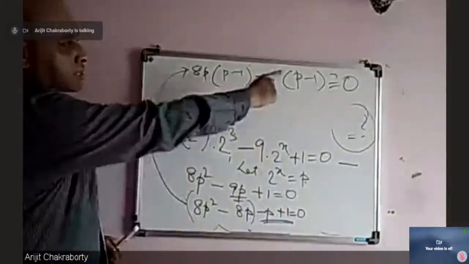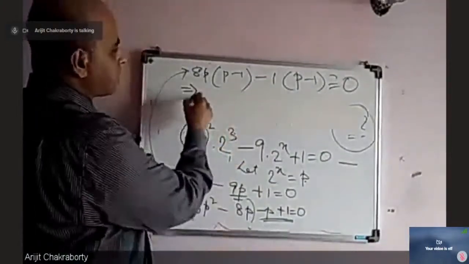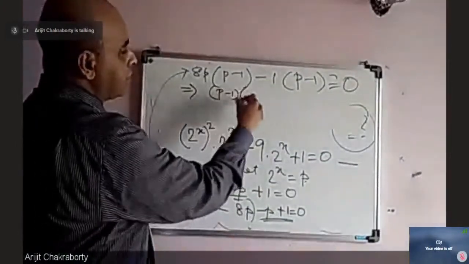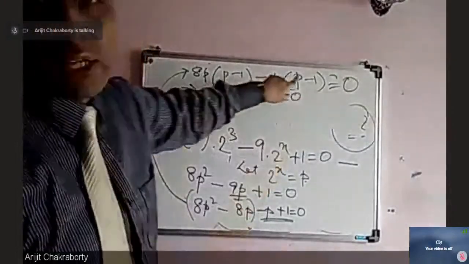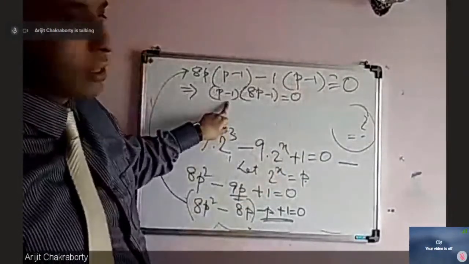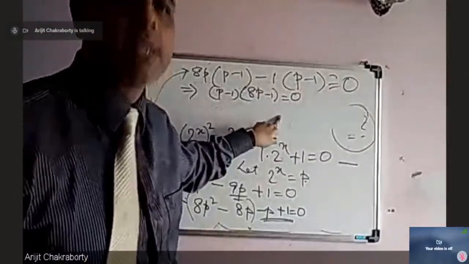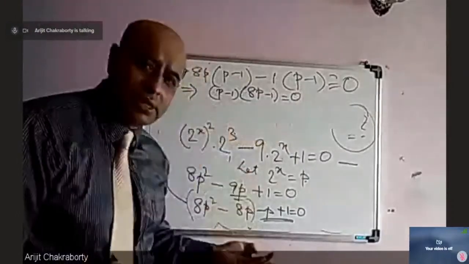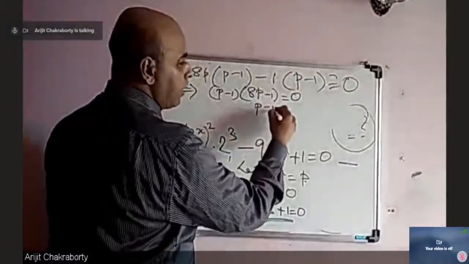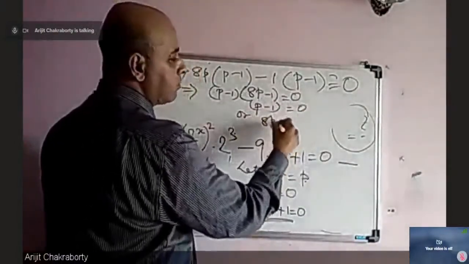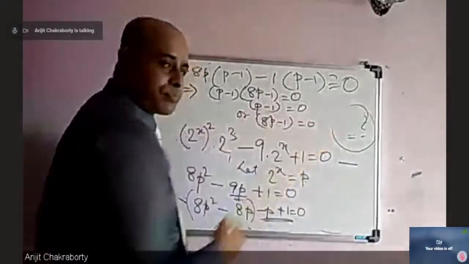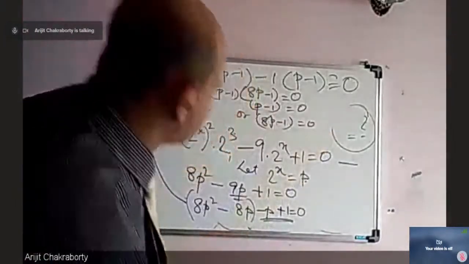So this is ultimately giving us p minus 1 into 8p minus 1 equal to 0. P minus 1 is common. So p minus 1 into 8p minus 1 is 0. Which means either p minus 1 is 0 or 8p minus 1 is 0. I hope you have understood till this point.